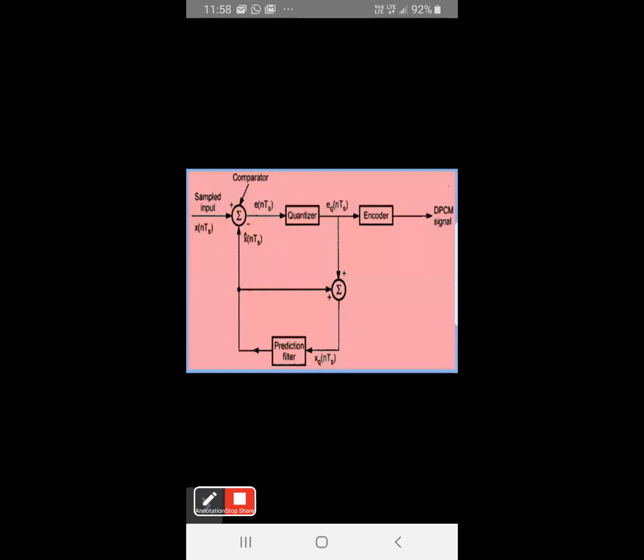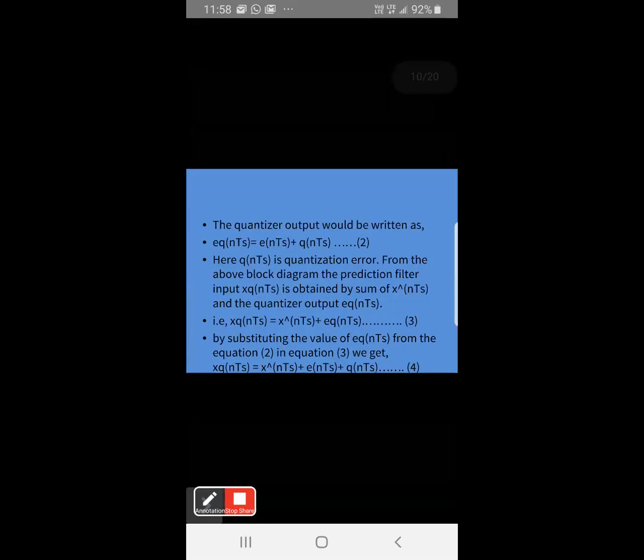And from the quantizer again it will be given to the prediction filter for the prediction purpose, previous signal అనేది మళ్ళీ ఇన్పుట్ కి తెలియాలి కాబట్టి again we can use the prediction filters for the identification of the previous signals, and that quantizer output will be obtained as eq of nTs is equal to e of nTs అంటే error signal plus quantization error q of nTs.